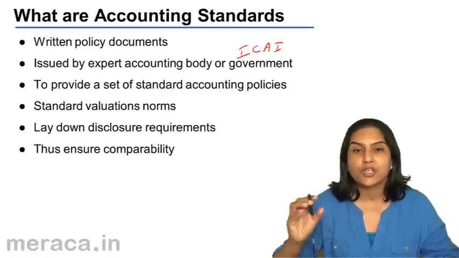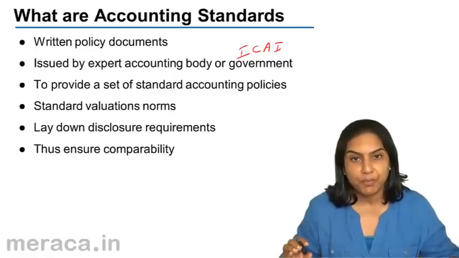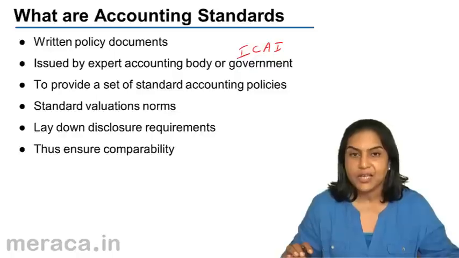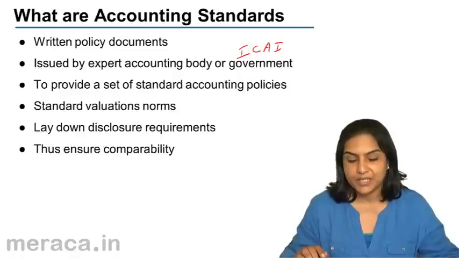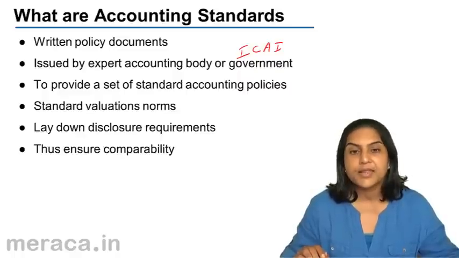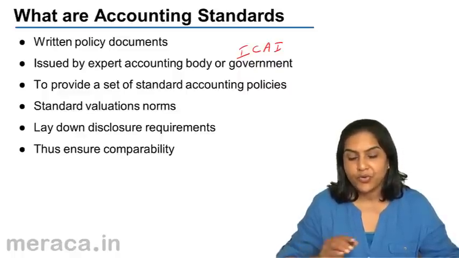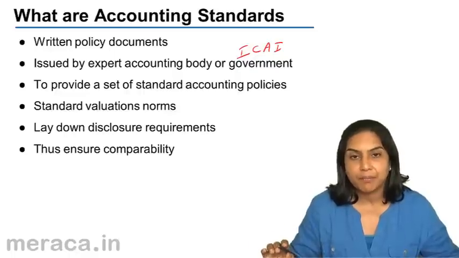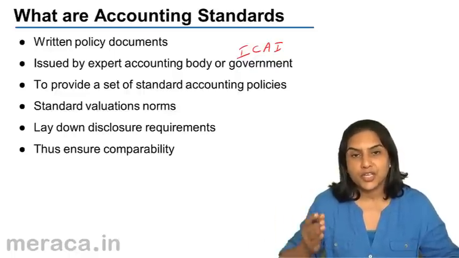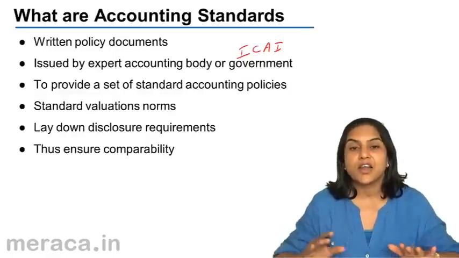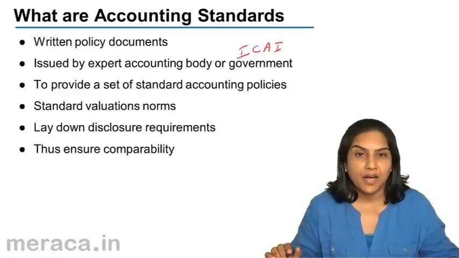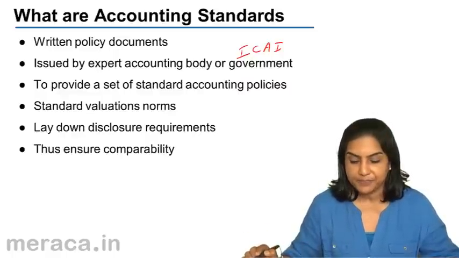They say how certain items have to be presented in the financial statements and they lay down what are the disclosure requirements. In this manner, over the periods financial statements are comparable. Also financial statements of one company can be compared with the other since they are all following similar accounting standards.